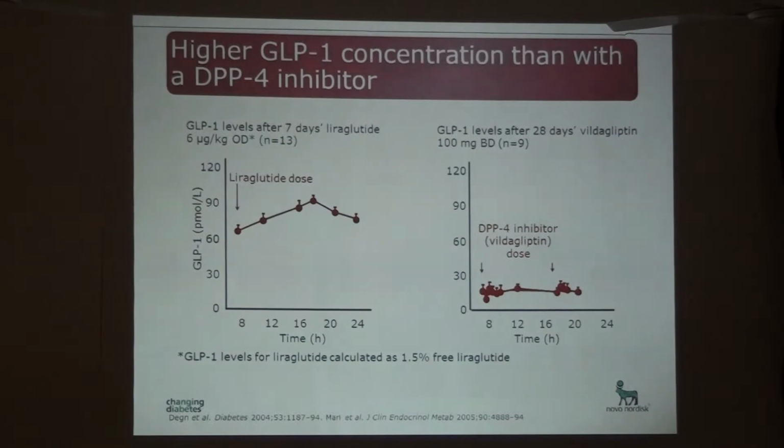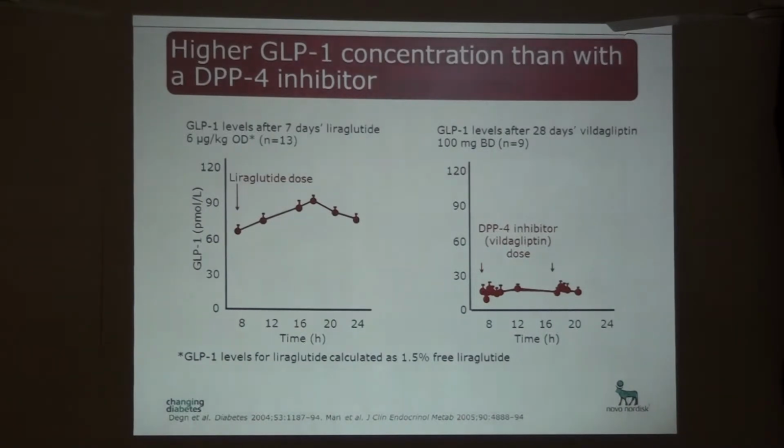I'd like to show you a few important slides which will highlight the advantages of a GLP-1 over a DPP-4 inhibitor. So what was done was, GLP-1 levels were measured, endogenous GLP-1 levels were measured after giving liraglutide and after giving vildagliptin.